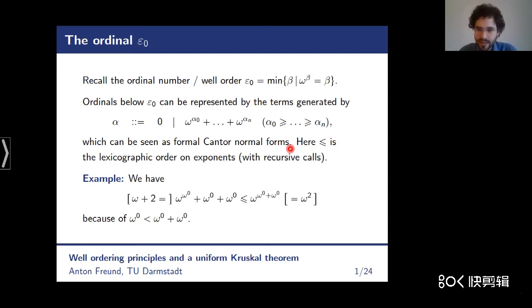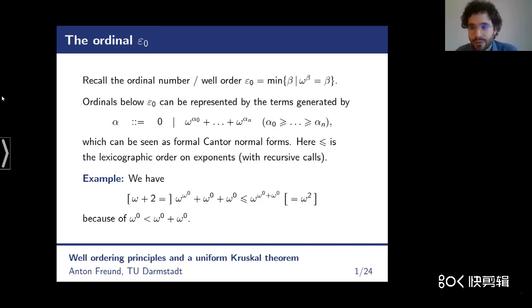And then simultaneously here we define this order relation, namely the order relation is simply the lexicographic order on the exponents. And since the exponents are also terms and we need to compare the exponents in order to determine the lexicographic order, this means that we have recursive calls. So this order relation here is defined by induction over the complexity of terms.